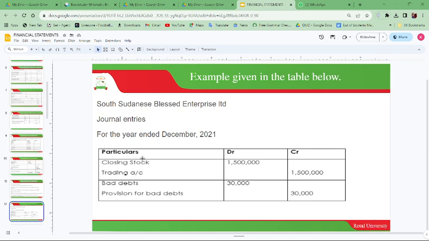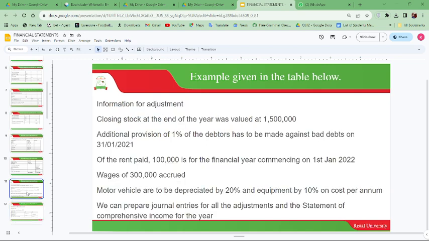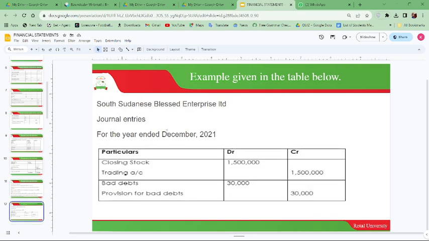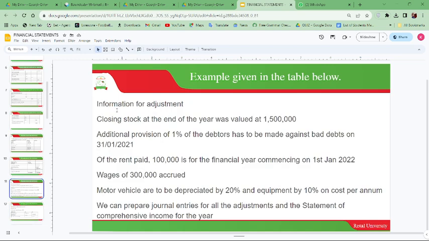We have the closing stock, which is 1,500. We start with the closing stock at the end of the year as valued. We enter the closing stock, then the trading account. Then it balances: debit is the same as credit. So let's go and look for the second statement.